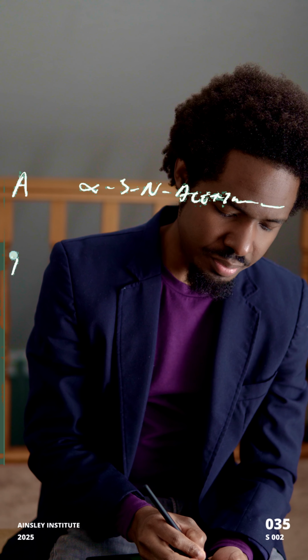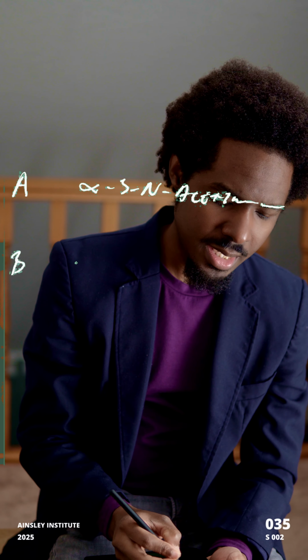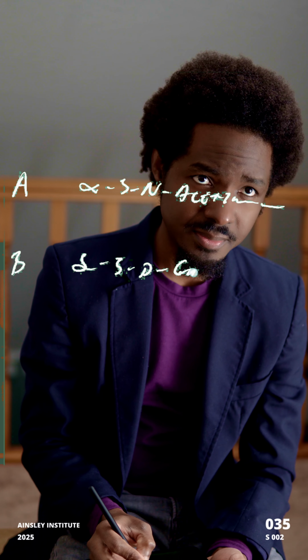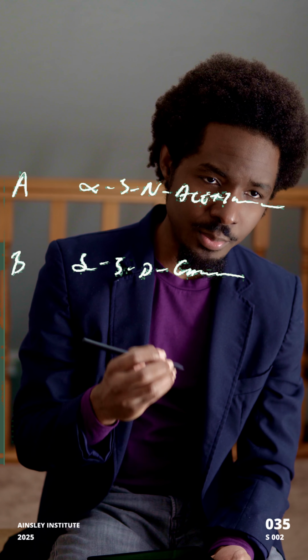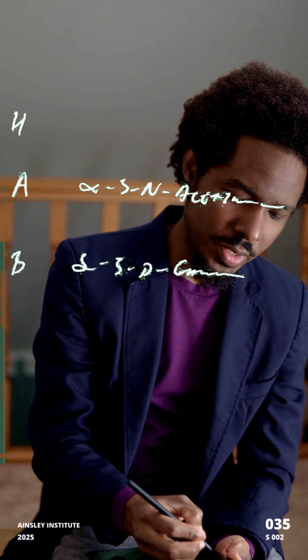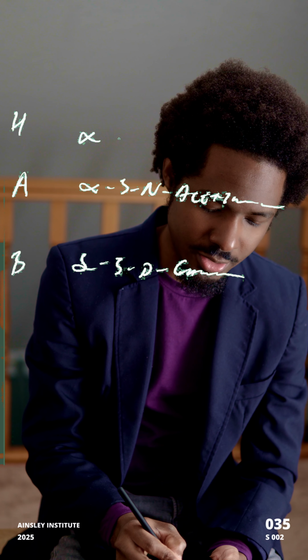A person who is B has this marker. And a person who is O or H has this marker.